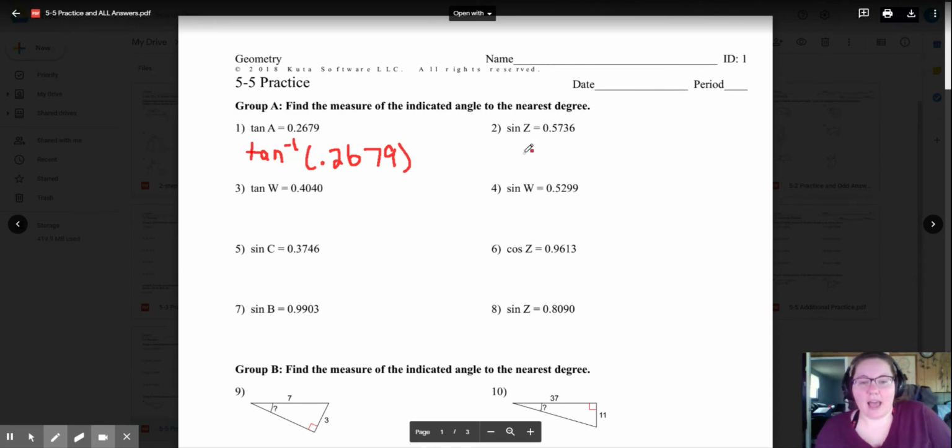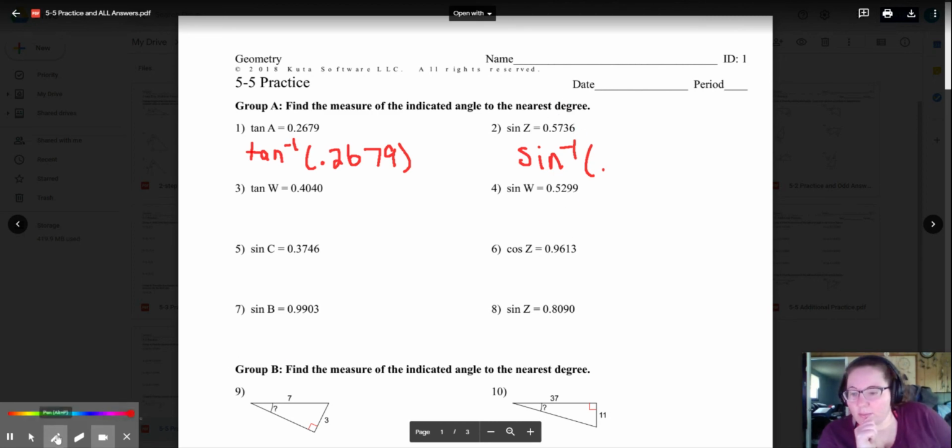Like with sine, again, I would just do the inverse of sine, which is that little -1 symbol, of what it's equal to. So I'm taking the inverse on each side is what's happening. Let me show you what we're doing, really, why it works this way.